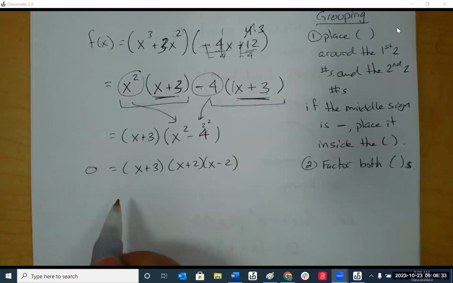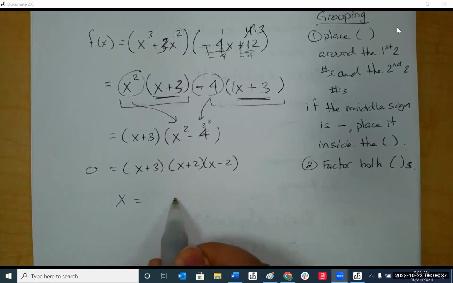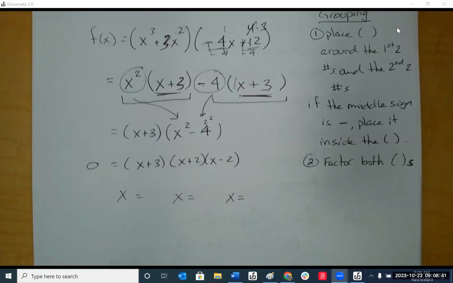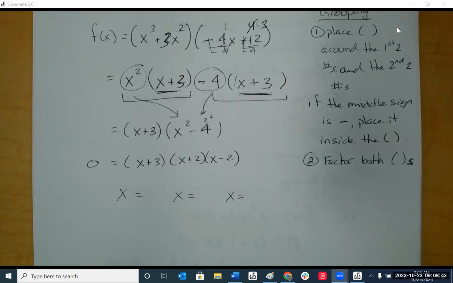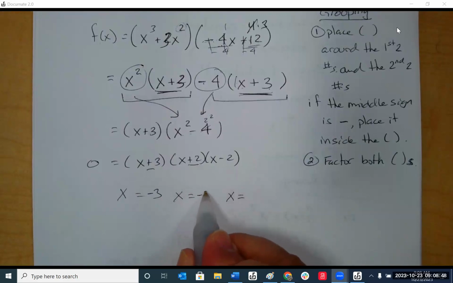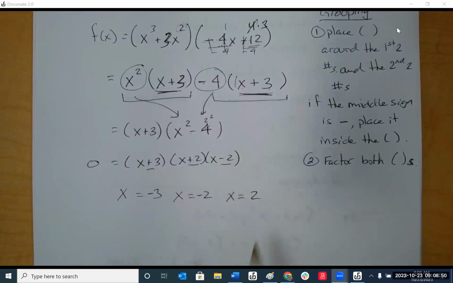Set it equal to 0. So our x-intercepts are going to be where? -3, -2, +2.